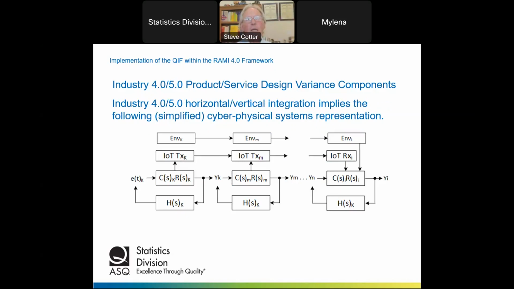We're looking at, on the right-hand side, the CSI, RSI output to YI, which is the final step in the production of a smart product, smart service, or smart process.